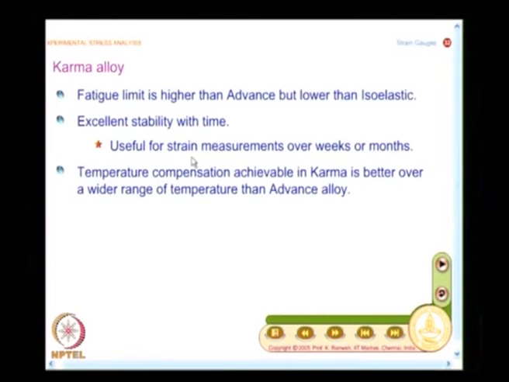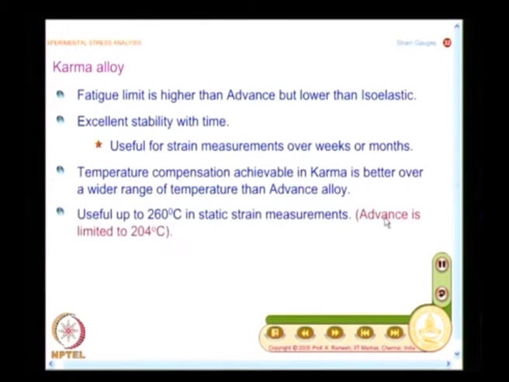And what you find here is the temperature compensation achievable in Karma alloy is better over a wide range of temperature than Advance alloy. And if you look at the fatigue limit, Karma alloy is in between Advance and isoelastic. Some of this information is required for you to reason out why you choose a particular strain gauge alloy for a given application.